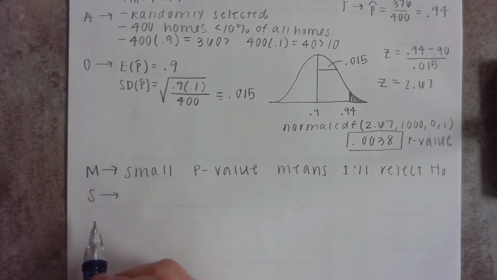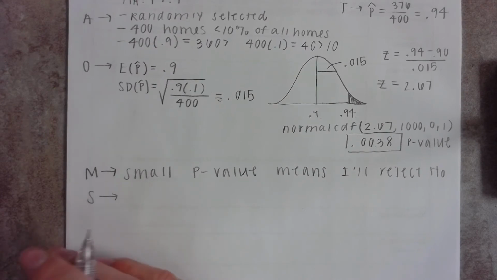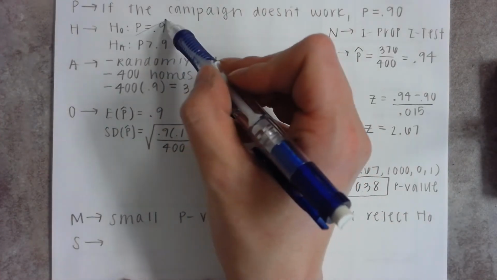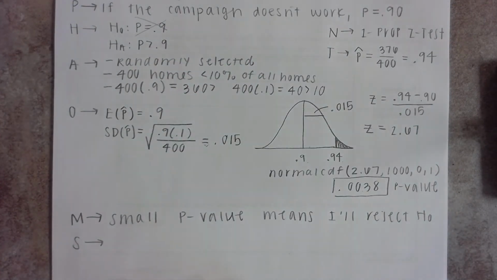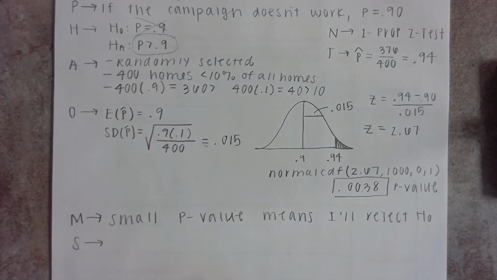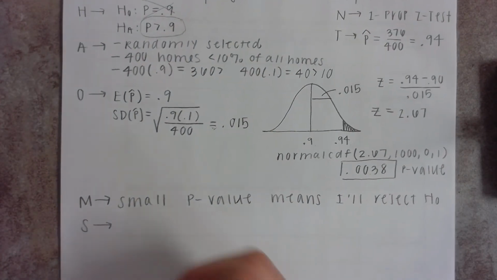On my last part here, the S, making our statement, I need to bring this back to the context of the problem. So I'm rejecting H0, which means I do not think the true proportion is 0.9, meaning I do have evidence that suggests the true proportion is greater than 0.9.